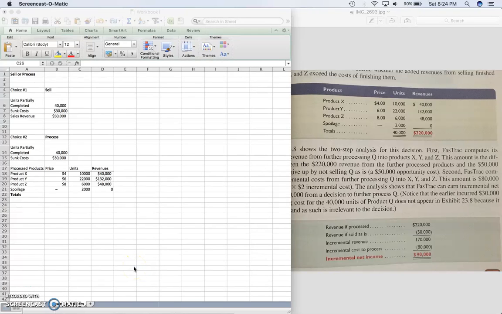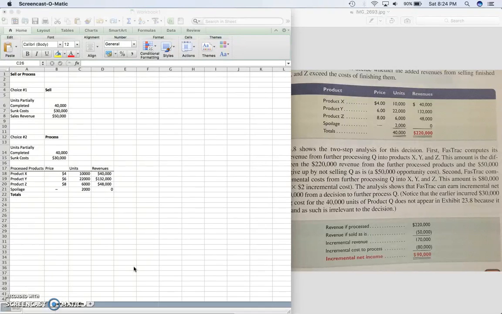Alright, so this is sell or process further for managerial accounting, chapter 23. Sell or process further is about whether you want to sell a product or continue processing it and make it into a better product.